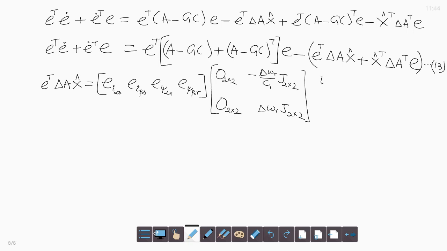So this is the estimated I alpha S hat, estimated I beta S hat, estimated flux psi alpha R hat and psi beta R hat.